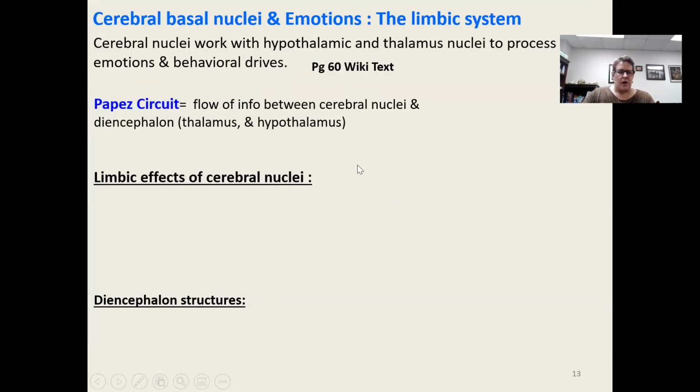Okay, so we've talked about the cerebrum and movement. Let's talk about the cerebrum and emotions, the limbic system. Don't worry about the Papez circuit, just worry about the nuclei that I'm going to cover. The amygdala is one of those deep cerebral nuclei, and it seems to be associated with perceptions or feelings of aggression and fear.